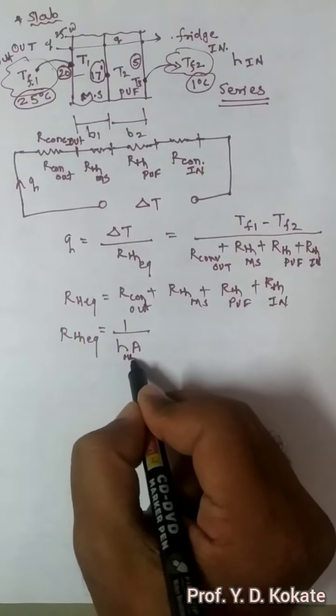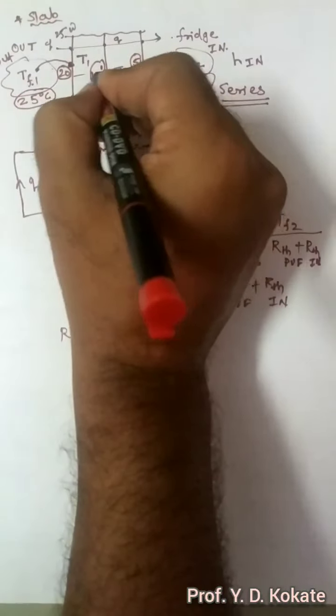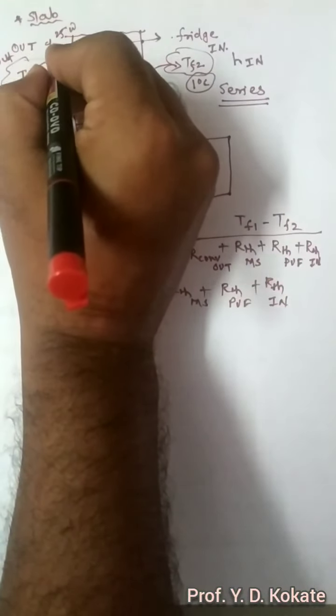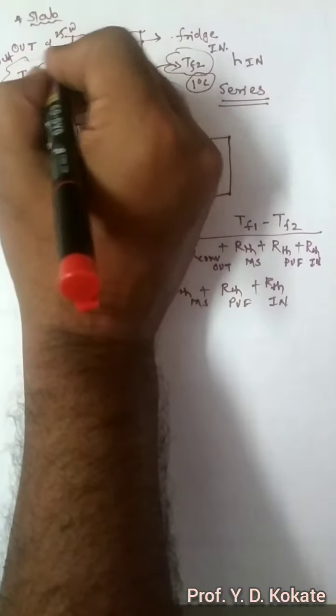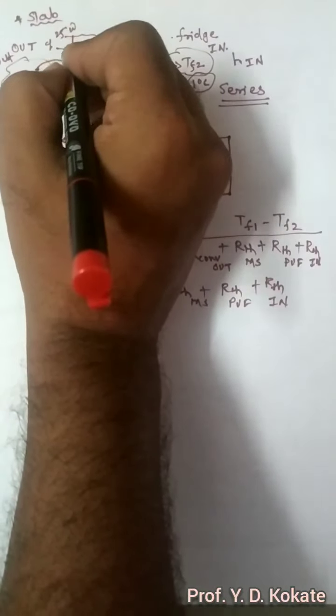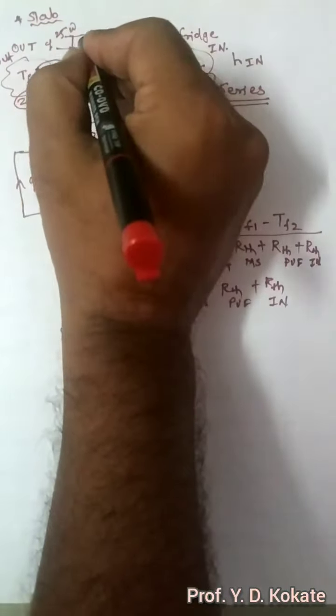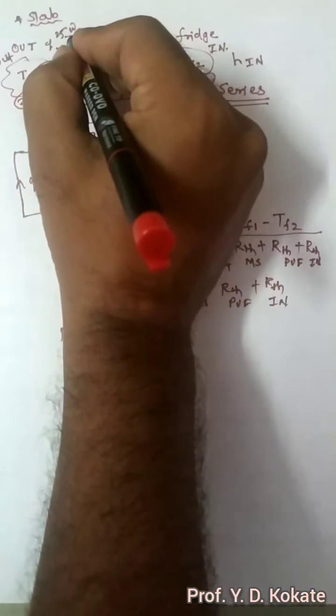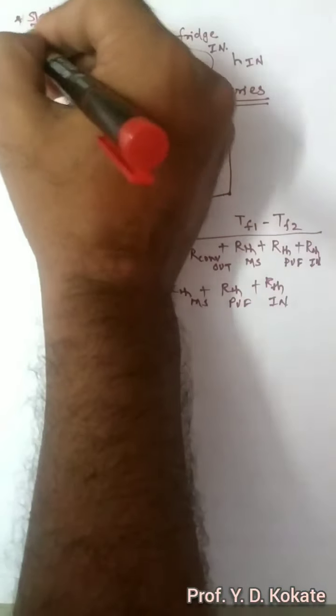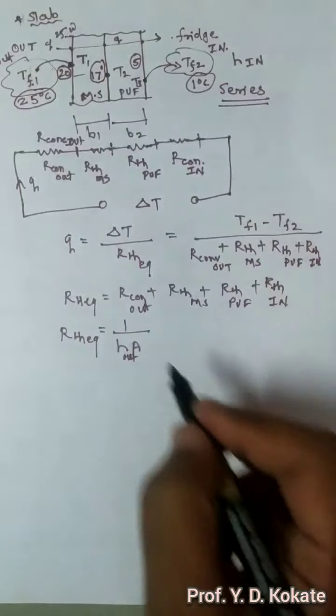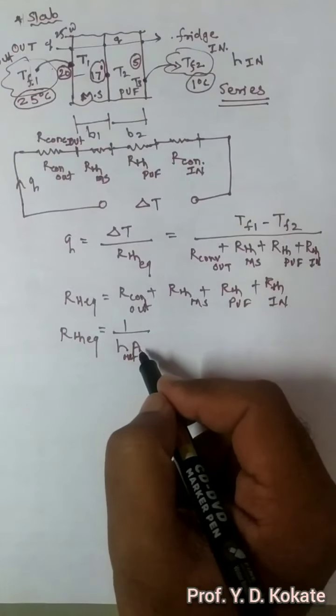So here we write H out, and the area will be the same, because we are taking the area which is perpendicular to the heat transfer direction, and that area we take as our required area.